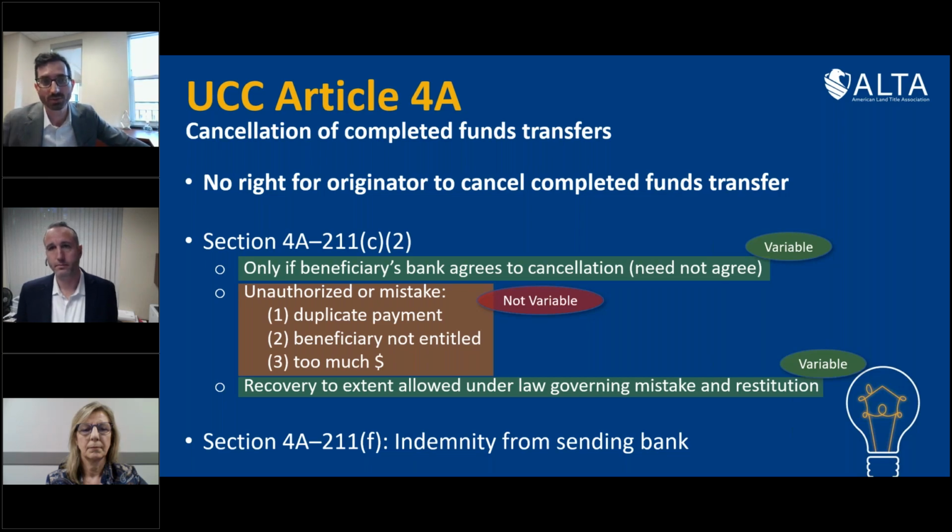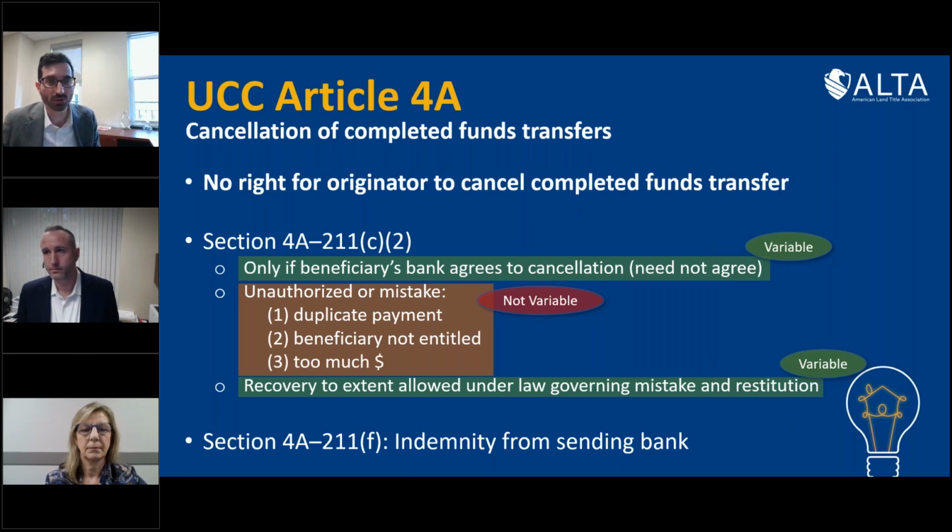First of all, the reasons for which it can agree are very narrow. For example, it was a duplicate payment or too much money was sent. Moreover, even if it were to agree, the sender of the wire would have to be entitled to it under the law of restitution and mistake. And your bank need not agree to a request to cancel.